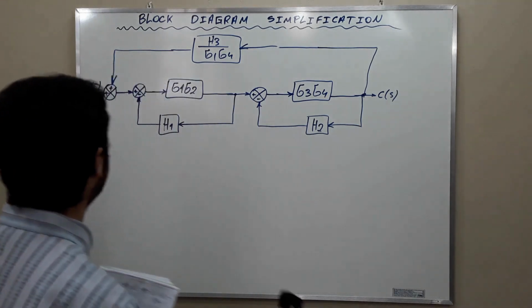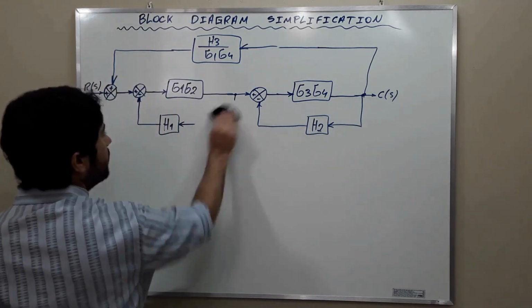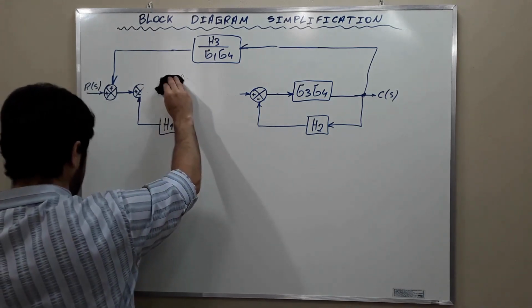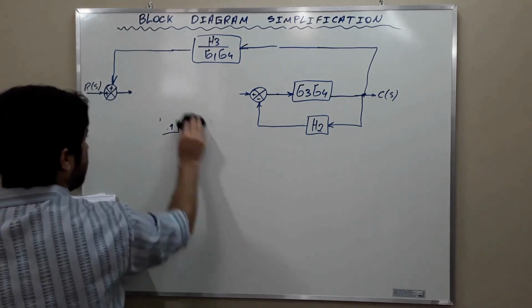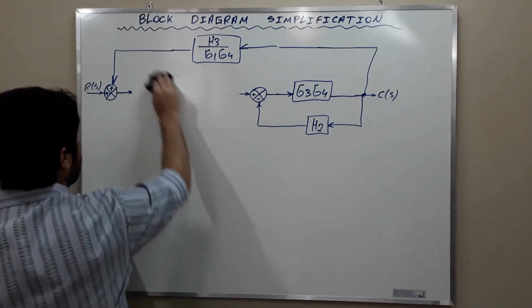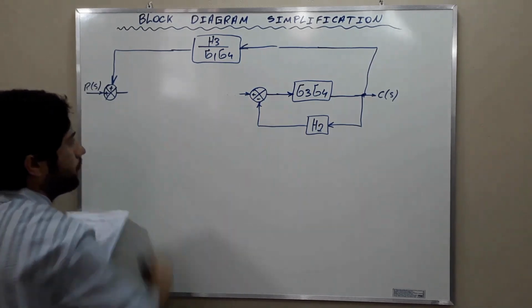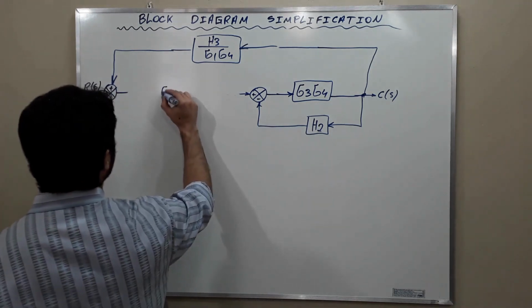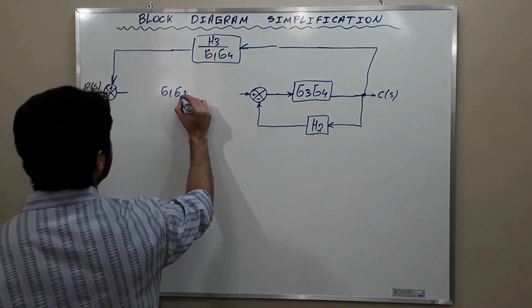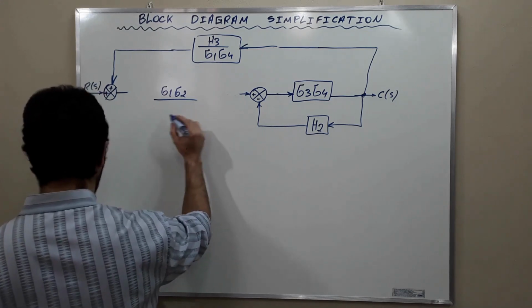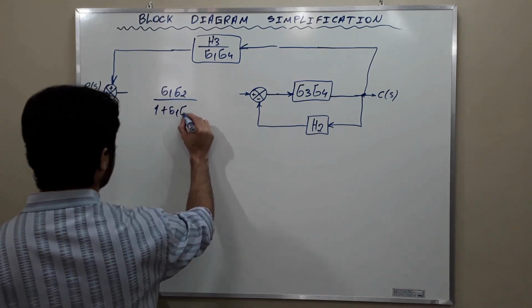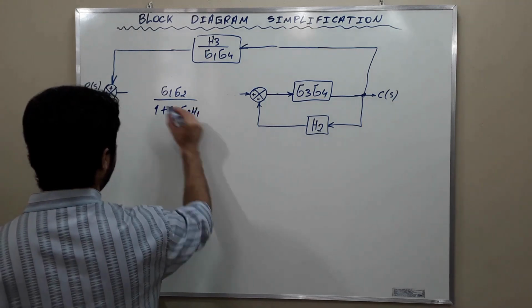This first feedback loop here becomes the following: G1 G2 over 1 plus G1 G2 H1.